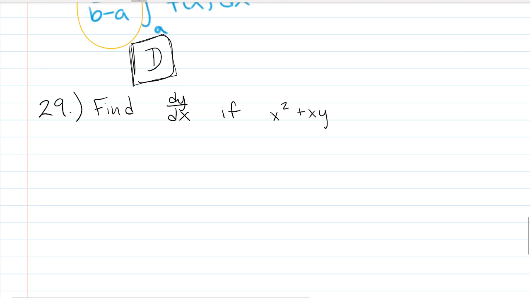Okay, because this one is just finding the derivative implicitly and solving for dy dx. And then 30 is another optimization question.